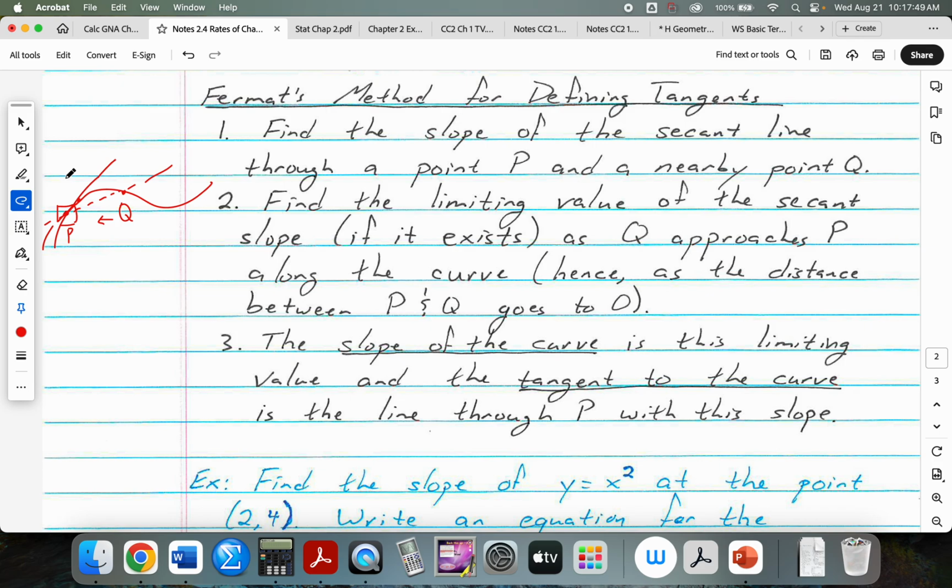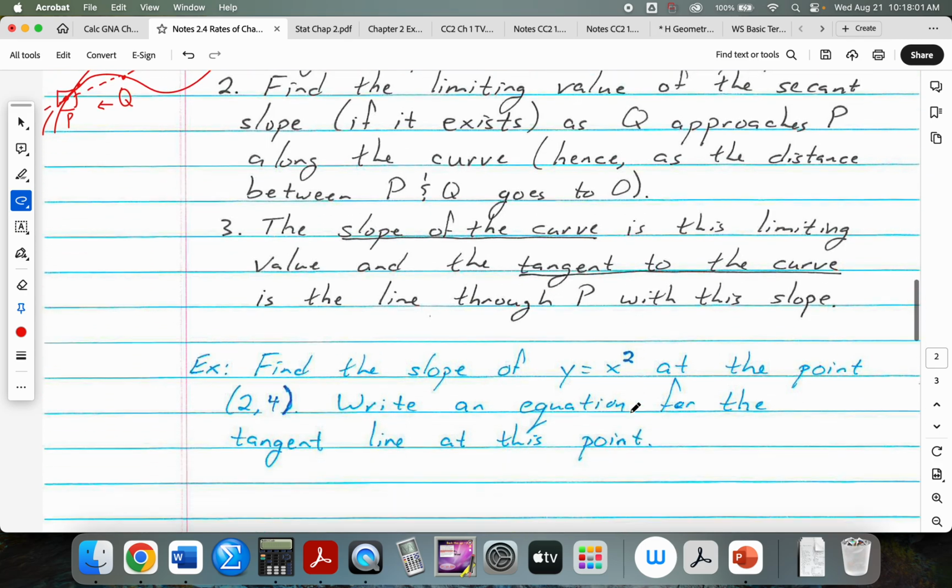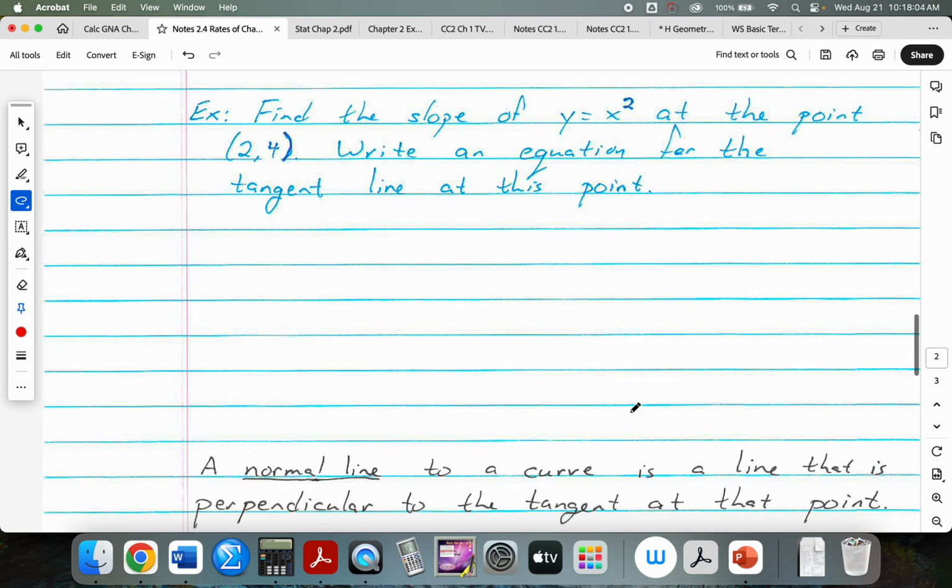It looks like exactly the same thing. Okay? So then the slope of the curve is this limiting value, and the tangent to the curve is the line through P with this slope.